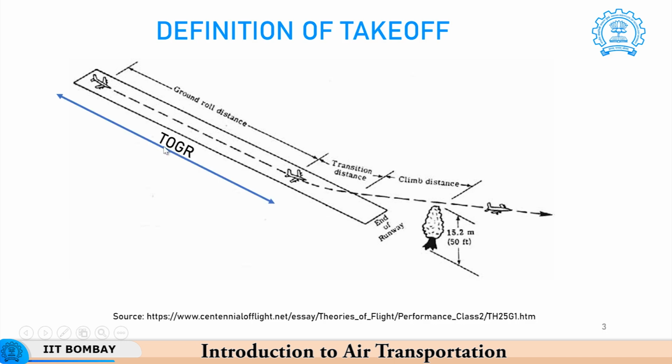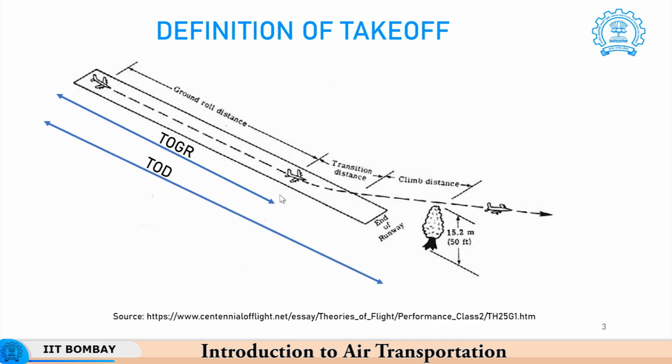So, the takeoff ground roll or takeoff ground run is from the start when the speed is 0 or the aircraft is stationary till the point where the aircraft leaves the ground or the main wheels of the aircraft leave the ground after rotation. That is takeoff ground roll or takeoff ground run.